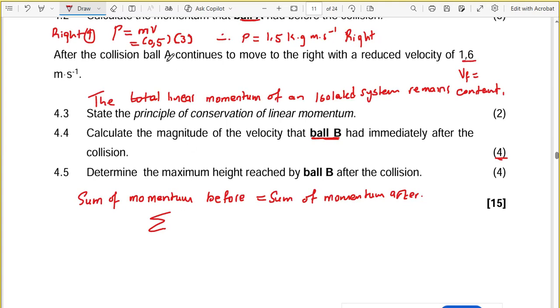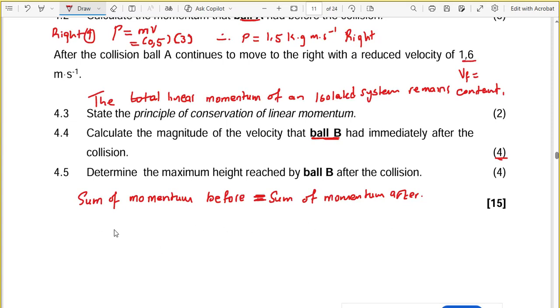No, I was looking at the other sum because it was negative. No, it's equal: the sum before is equal to the sum of the momentum after.